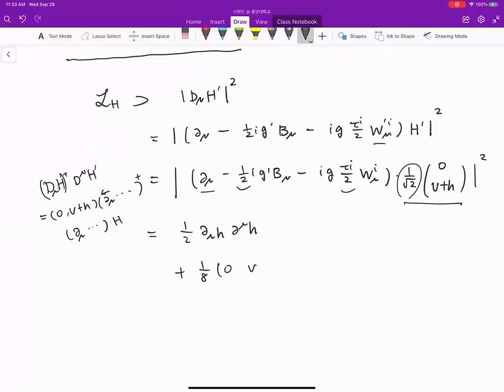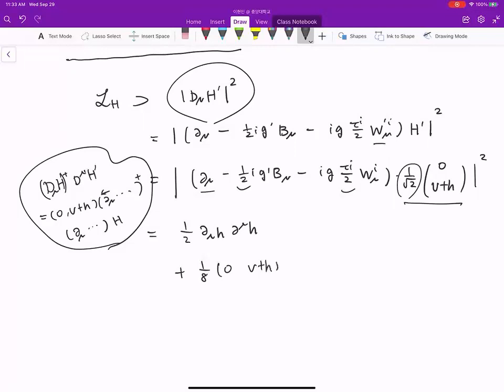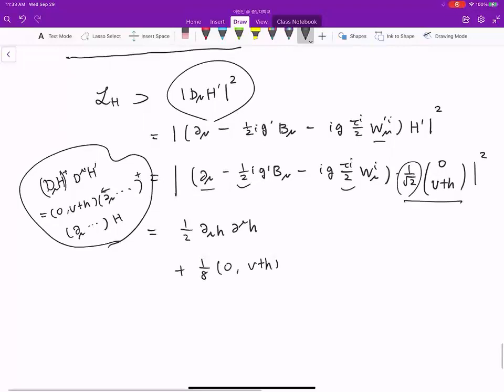So in this way, right? Because this absolute square means matrix multiplication in this form. So because of that, you need to write down the extra term in this form.